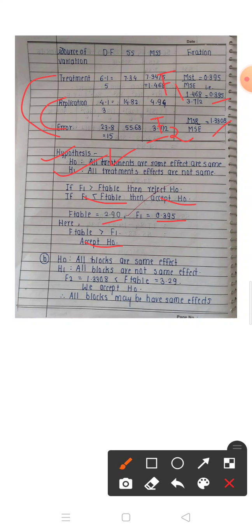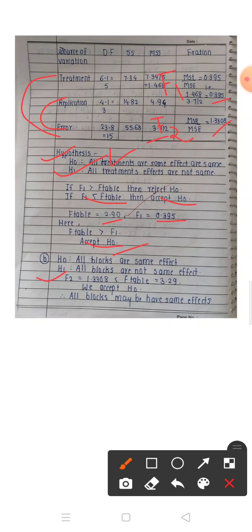Now the second, for F2, replication means blocks. In the RBD design, the number of blocks is equal to the number of replications. So write down the hypothesis to be tested: all the block or replication effects are the same, versus all the block or replication effects are not the same.